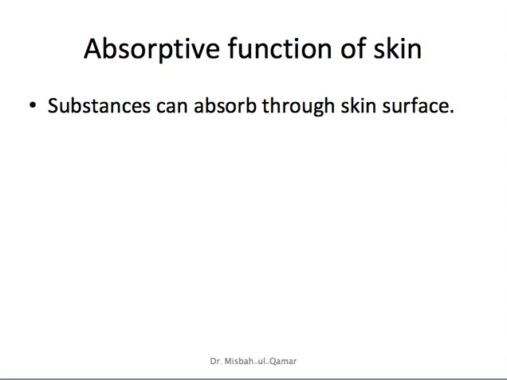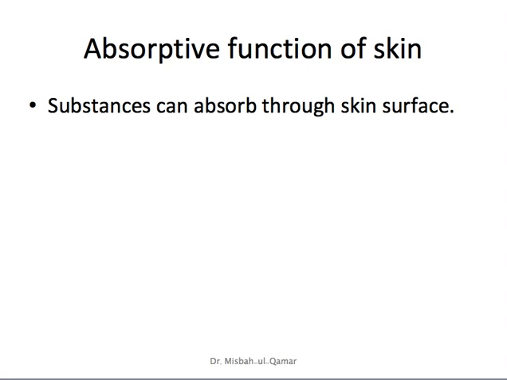But there are certain harmful chemicals also. For example, the organophosphorus compounds present in insecticides can be absorbed through skin, and the farmers get affected.